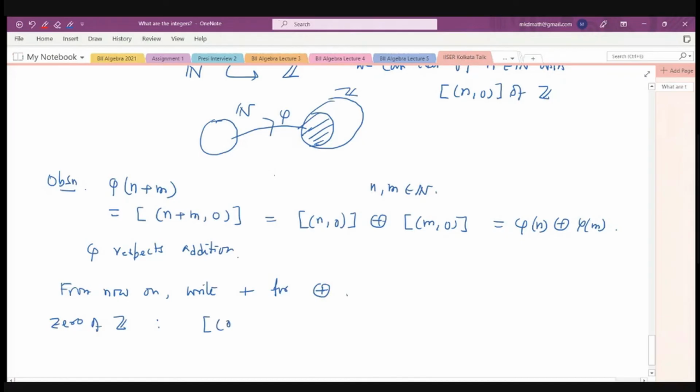is the class [0, 0]. Now note that (0, 1) plus (1, 0), these two classes, okay, I said I'll drop the circle, but I keep doing that. This is (1, 1).